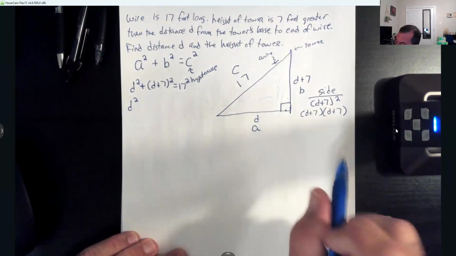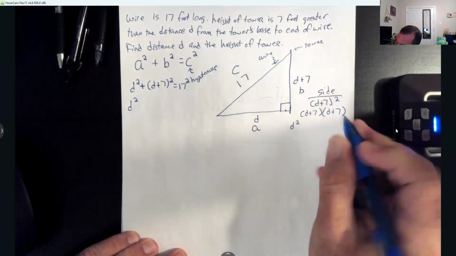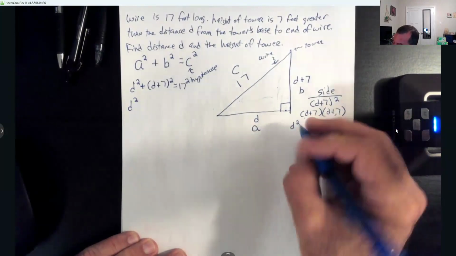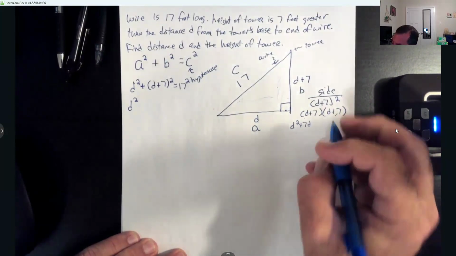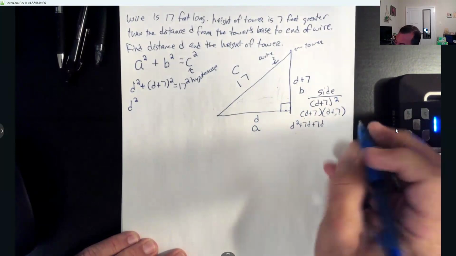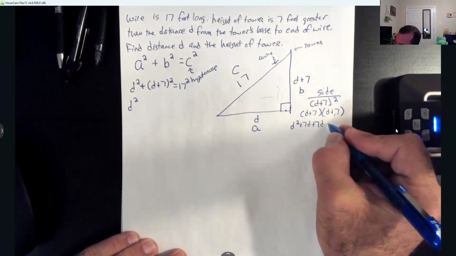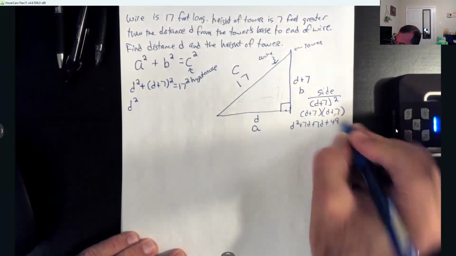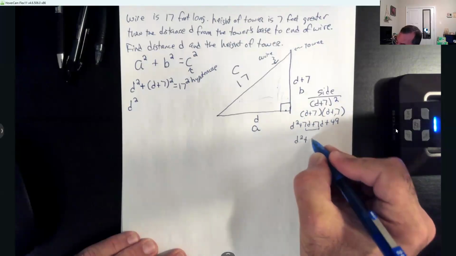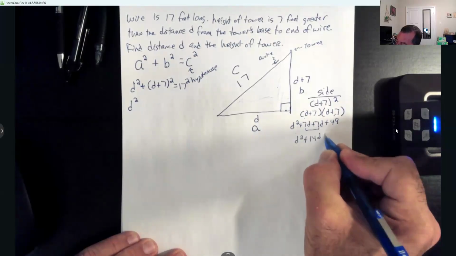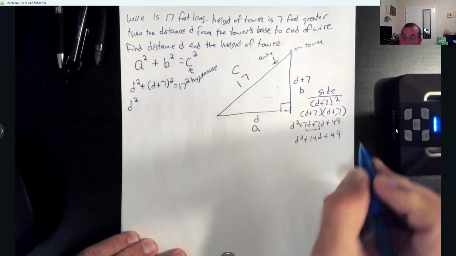So D times D is D squared. D times 7 is 7D. 7 times D is 7D. And then 7 times 7 is 49. And then when you add those like terms, you get D squared plus 14D plus 49.